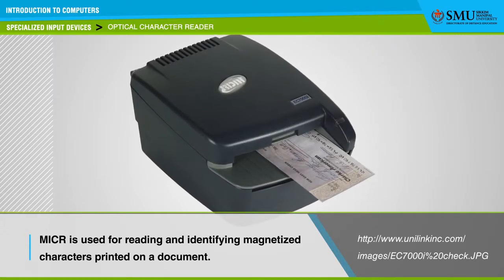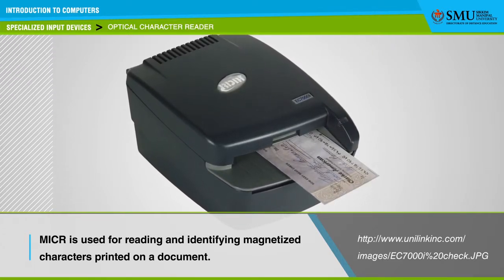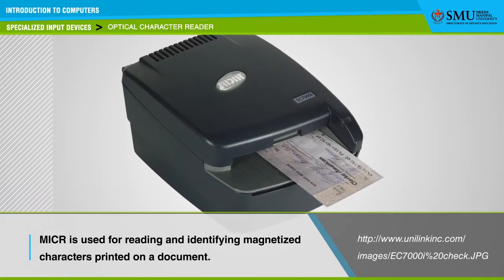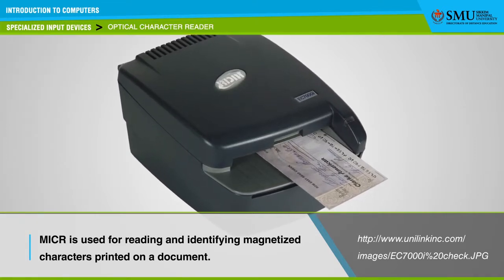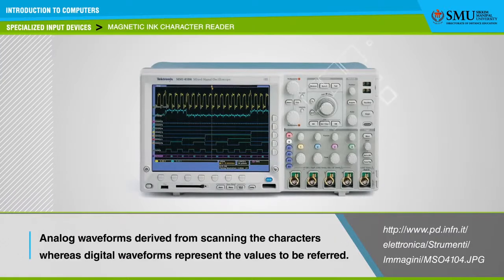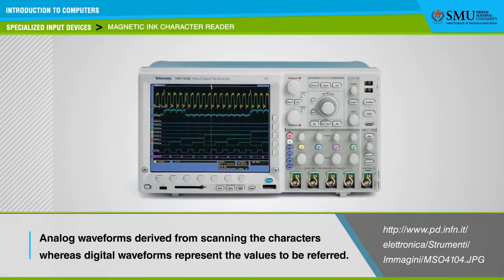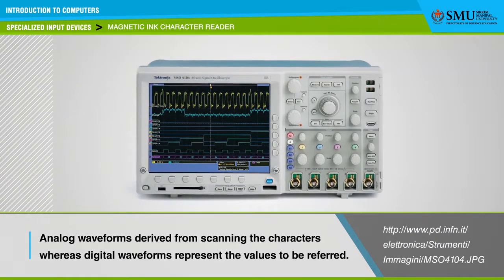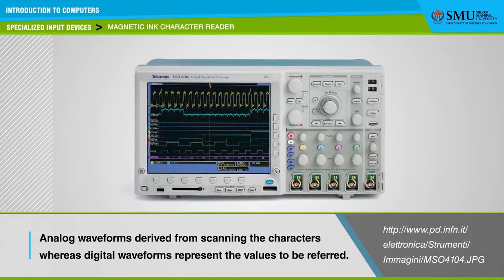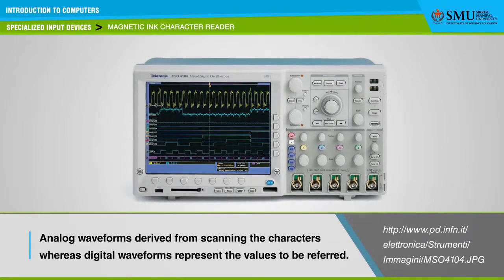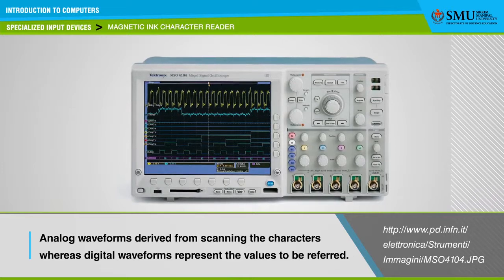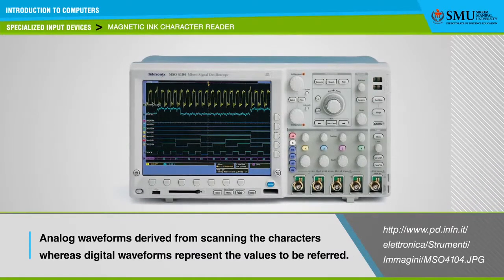Magnetic ink character readers are used for reading and identifying magnetized characters printed on a document. For example, analog waveforms derived from scanning the characters are analyzed by rectifying and integrating the waveform to generate a value representing the gain of a programmable gain amplifier.